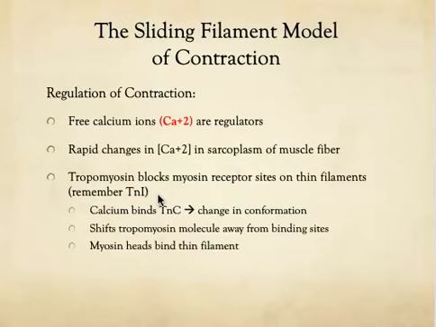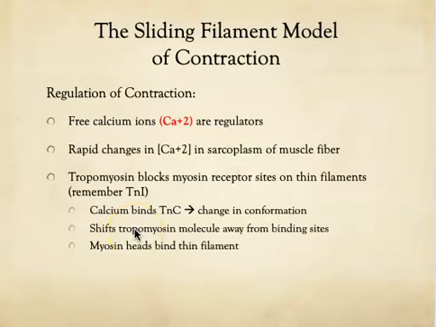When calcium levels go up in the muscle fiber, calcium will bind to the subunit of troponin called TNC. And when calcium binds, the TNC is going to change shape. That shape change is going to move the tropomyosin out of the way.